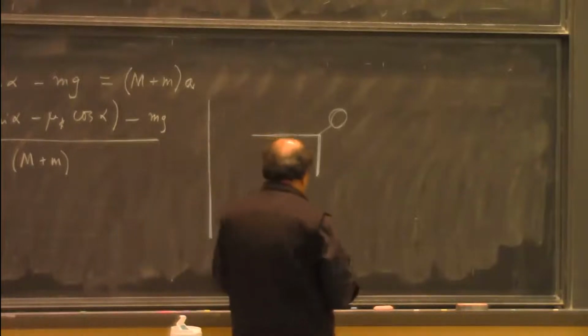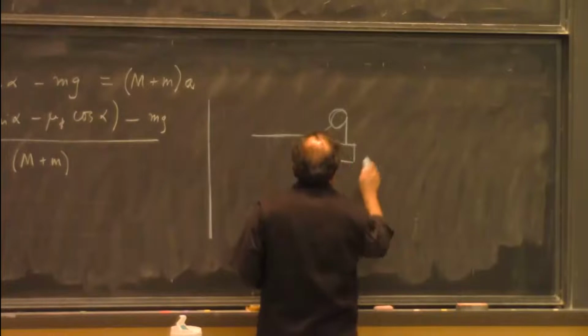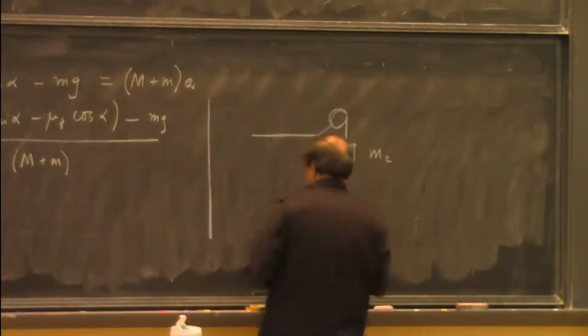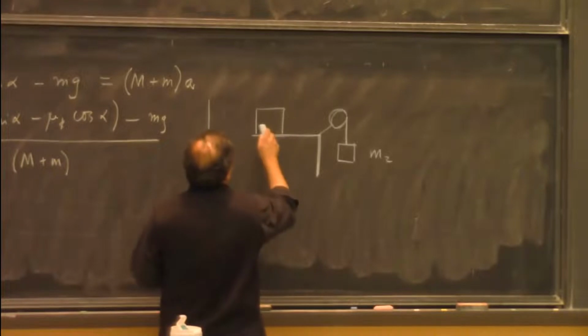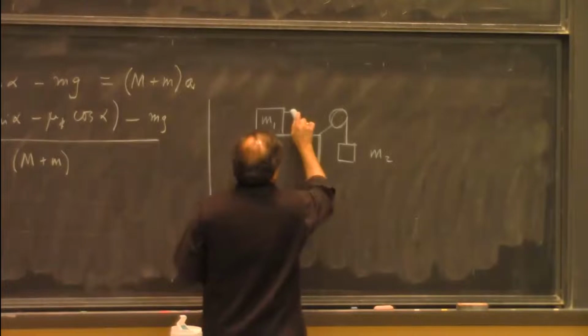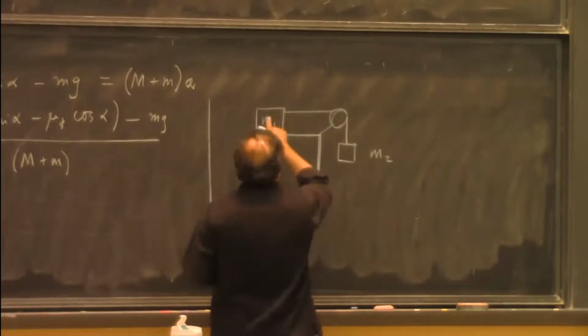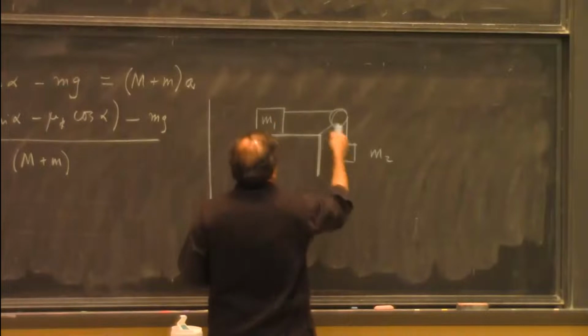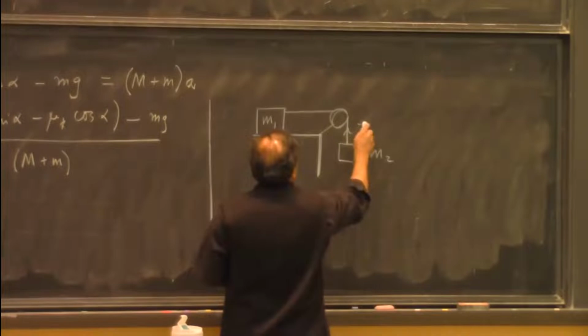Let's say this mass here is M2, and this mass here is M1, and both are connected by a massless string. So I have this thing being pulled to the right by this guy, and this thing being pulled up. So tension here like that, tension here.